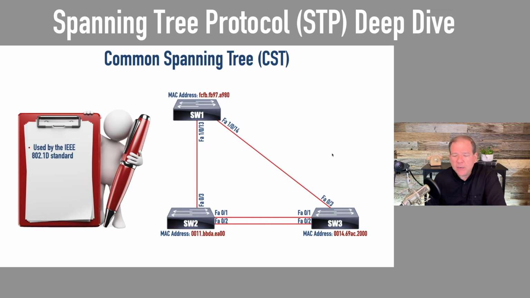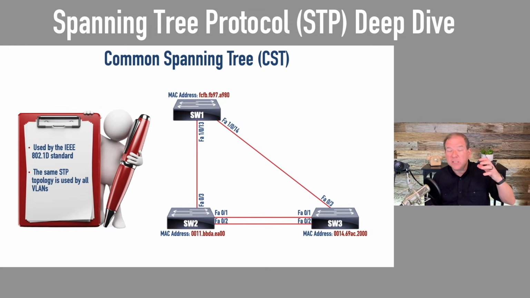With a common spanning tree, which again is the .1D standard, every VLAN in our topology uses the same spanning tree, because typically when you've got a bunch of switches in an enterprise interconnected, number one, they're probably interconnected with trunk connections. And number 2, there are probably multiple VLANs flowing over those trunks, and different VLANs benefit from having different topologies.